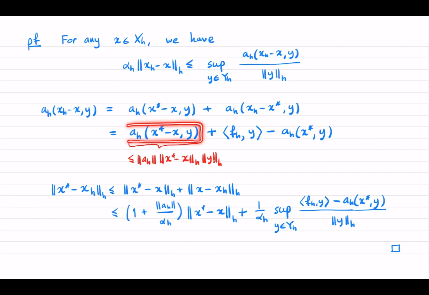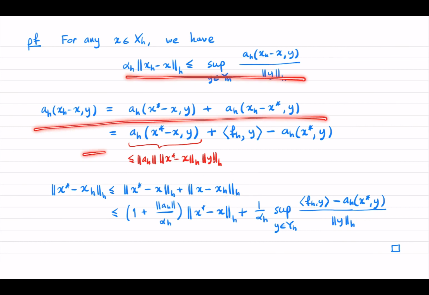The first term is bounded by the boundedness of a_h, so that gives us x star minus x. Of course, the norm is now the h-dependent norm. Then we use the triangle inequality. So the error between x star and the discrete solution x_h is bounded by x star minus x plus x minus x_h, and x minus x_h is bounded by this argument here.